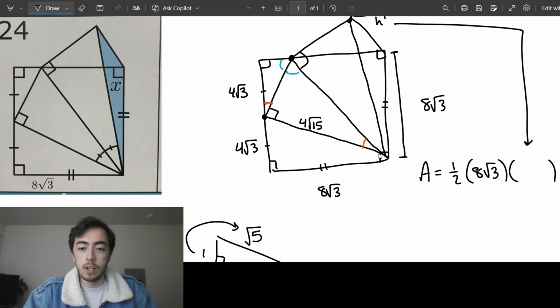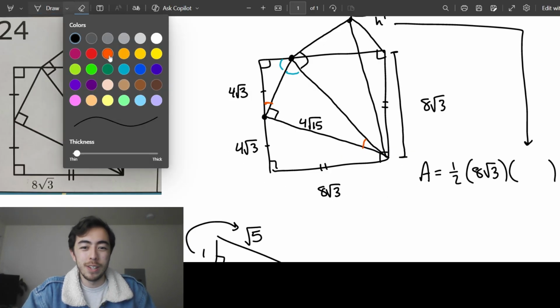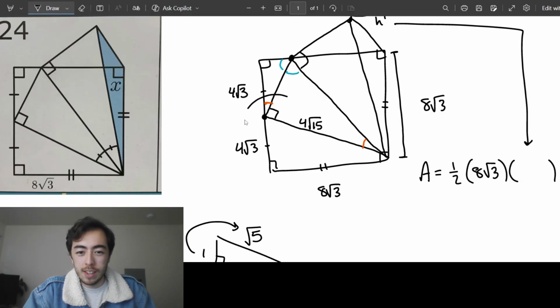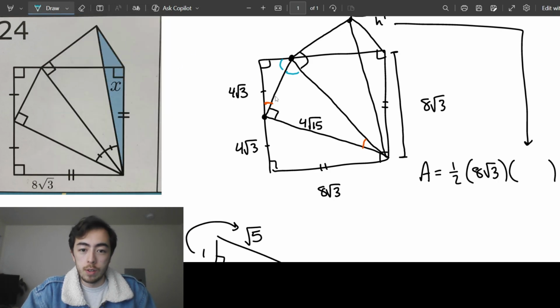My argument here actually comes from this triangle down here, because I'm noticing on the left side of the diagram, I have 3 angles that make up 180 degrees. One of the angles is 90 degrees, so therefore the other 2 must be complementary, or add up to 90. And so this orange and this blue angle are going to add up to 90.